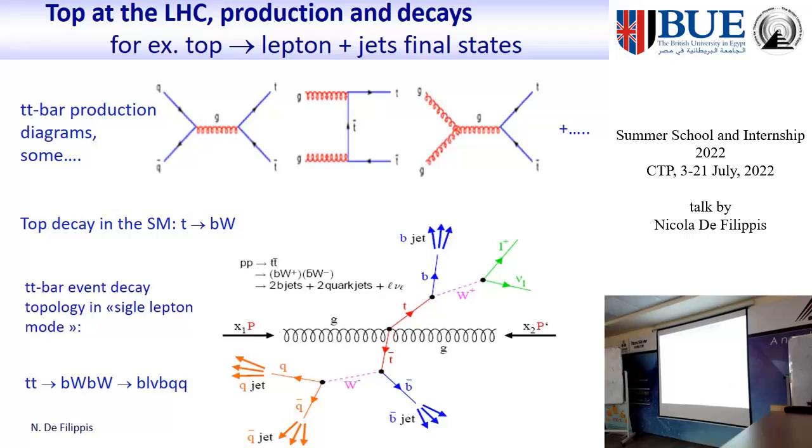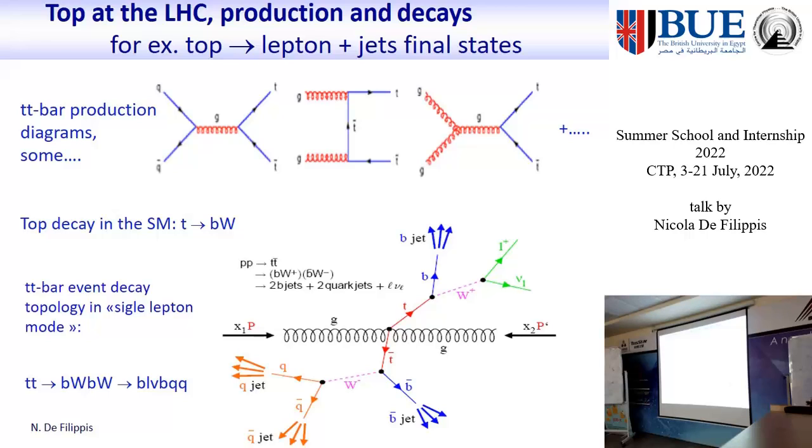So for example, you see that the top, as you know, decays, it doesn't hadronize because it decays immediately in W and b 99.9% of the times.